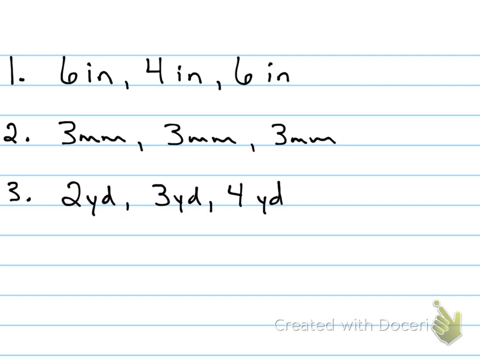All right, guys, so let's classify these 3 triangles based on their side lengths. I'm not done. Okay. All right, I'll give you a couple more seconds. You don't have to write down the problem, just classify it by its side length. All right, number 1. What's number 1? Isosceles.